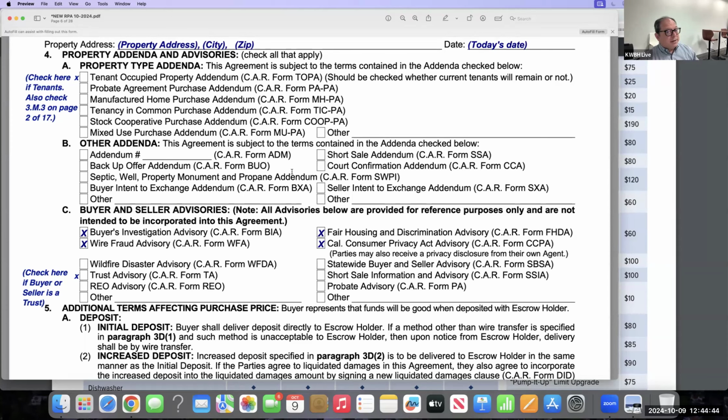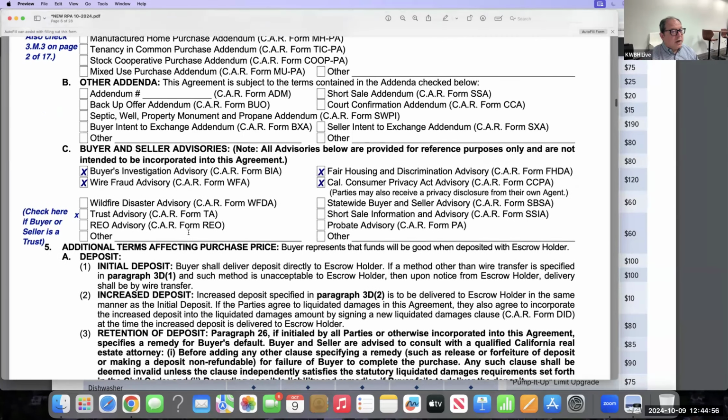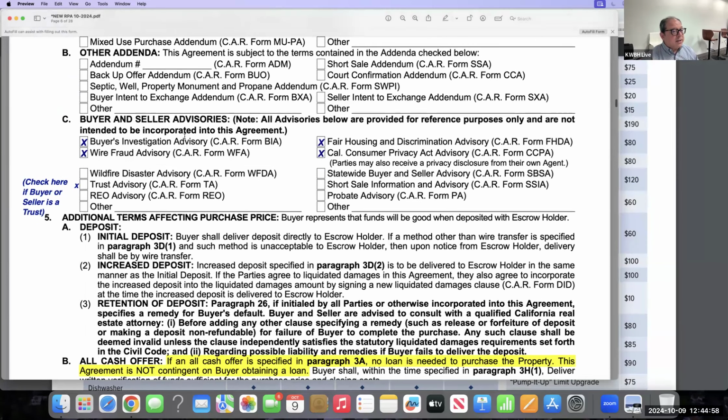Here's the 1031, Seller intent to exchange addendum. So if there's a 1031, you're going to check this box and it's going to pull up the exchange addendum. These are automatically checked, which are part of the bundle.